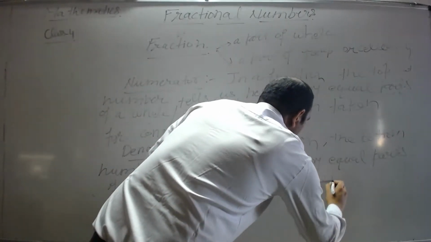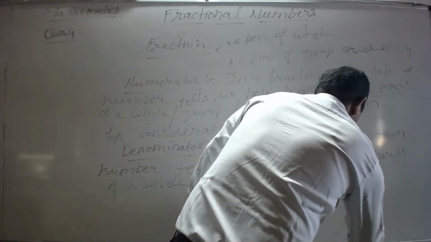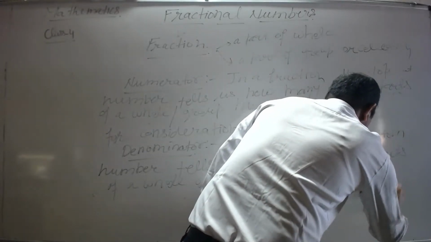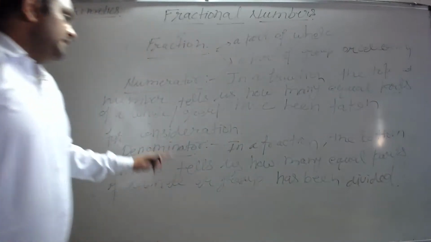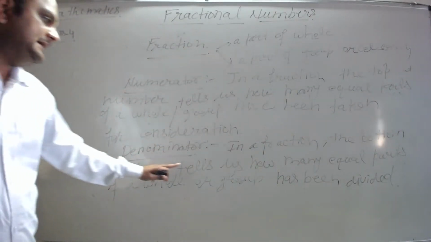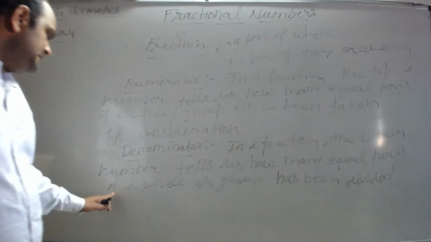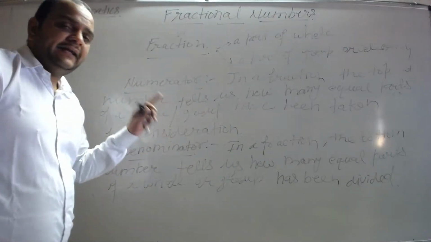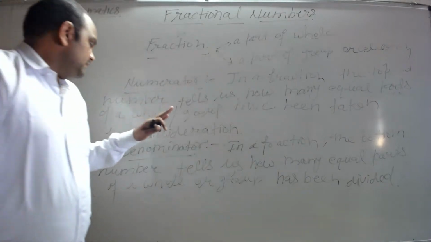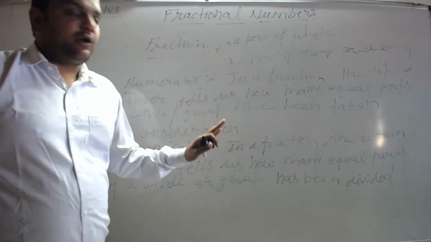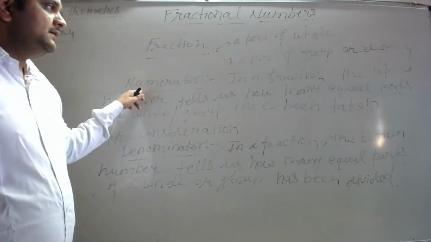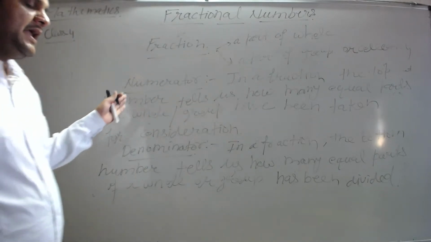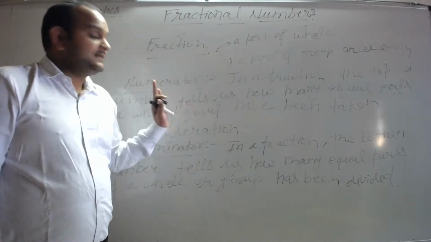What does it mean? It is the total number of parts. In a fraction, the bottom number tells us how many equal parts of a whole or a group has been divided. It means the denominator is the total number of parts, and the numerator is how many equal parts have been taken for consideration.